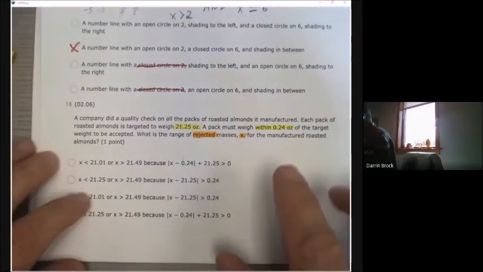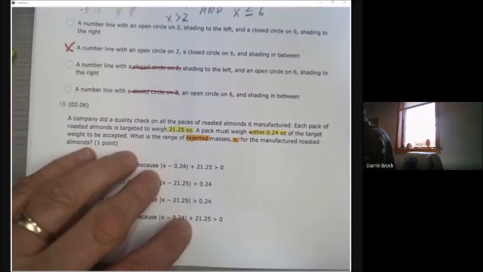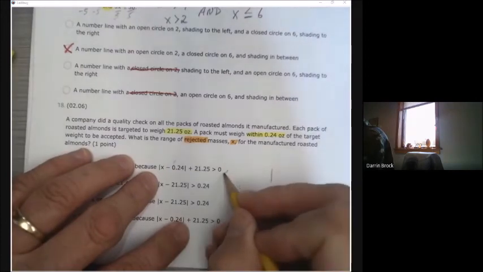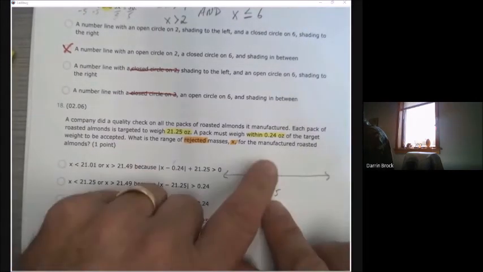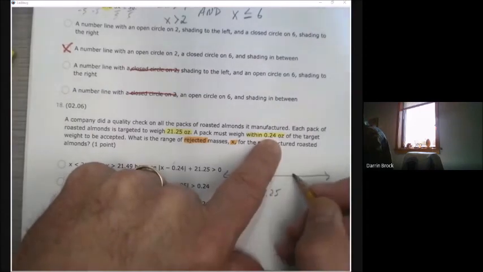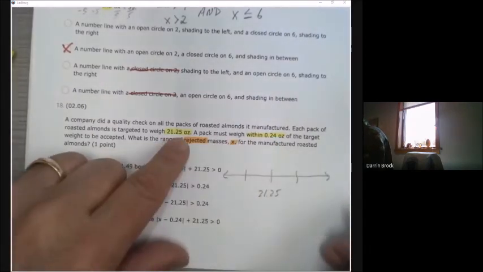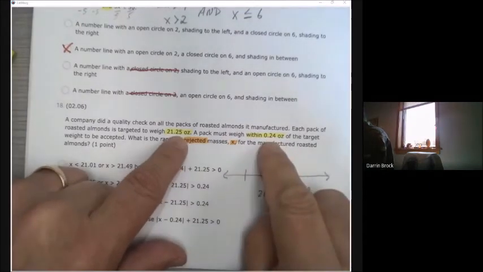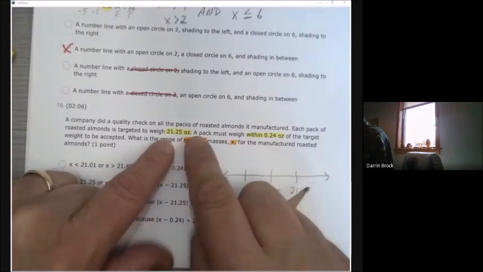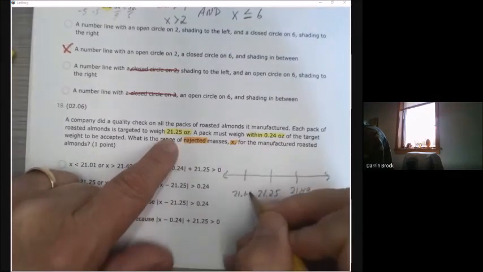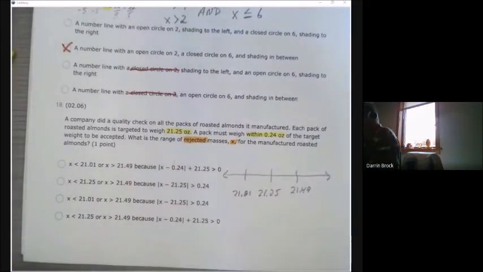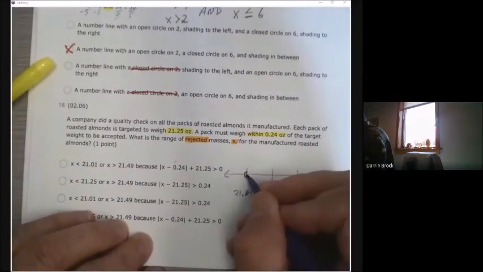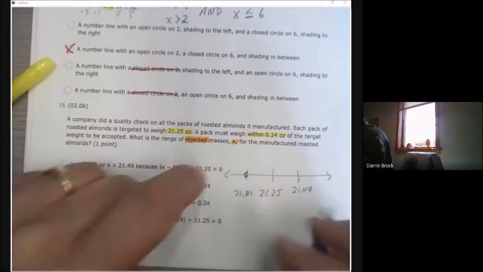So our answer is not which ones are good, because on a number line, if we said this is 21.25, and if we went bigger by 0.24, then we'd have 21.49, and smaller than that, but still in the range, is 21.01. So everything between those two must weigh within that. So that would be okay.